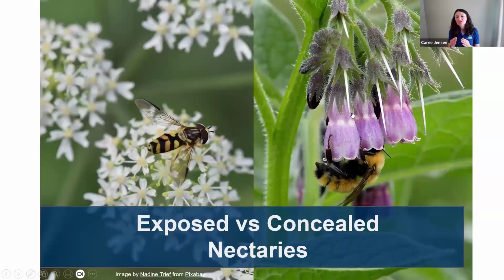The concealed nectaries have specific pollinators or specific insects that may have adaptations to be able to access that pollen and nectar that's tricky to get to. So you can have those in your garden, but if you want lots of different beneficial insects, it's really better to go with more of the exposed nectar.